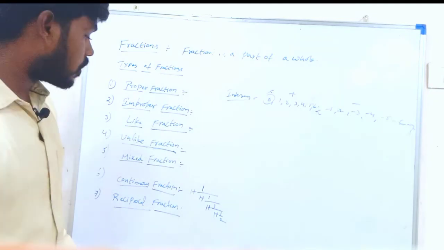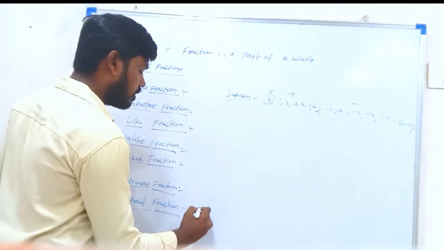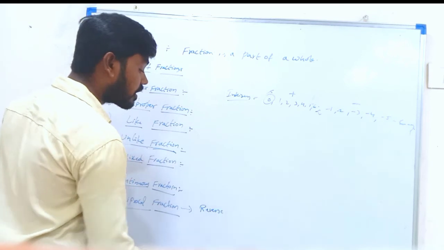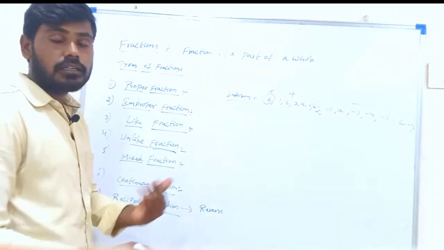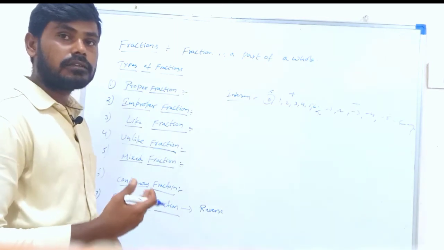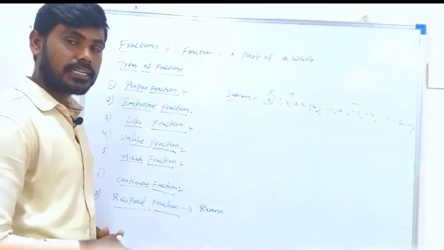Next, reciprocal fraction. What is meant by reciprocal fraction? It is nothing but reverse. If you reverse the fraction, if you write the numerator as denominator and the denominator as numerator, then it is known as reciprocal.